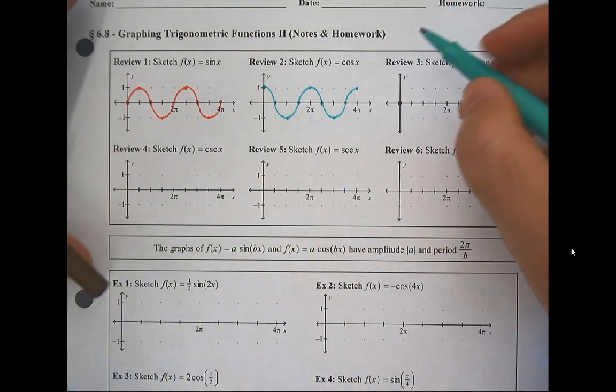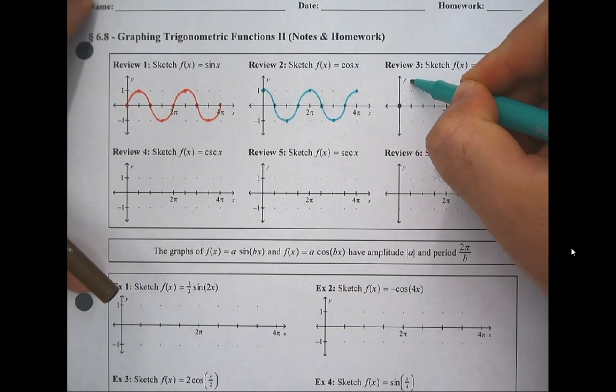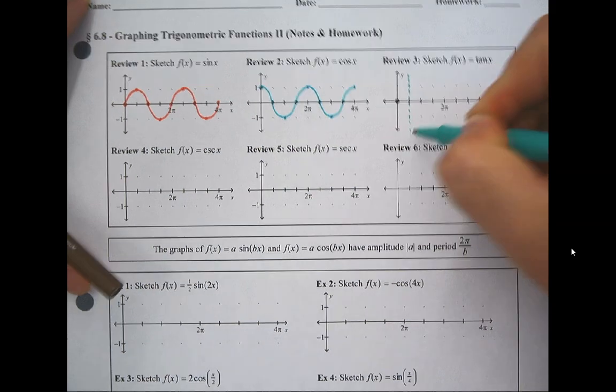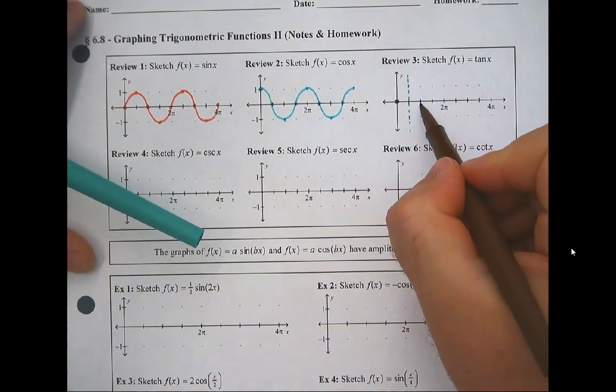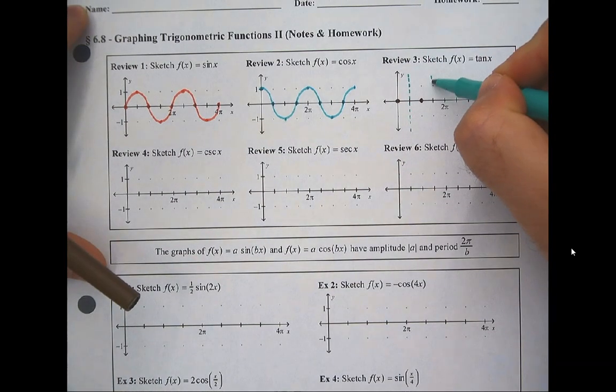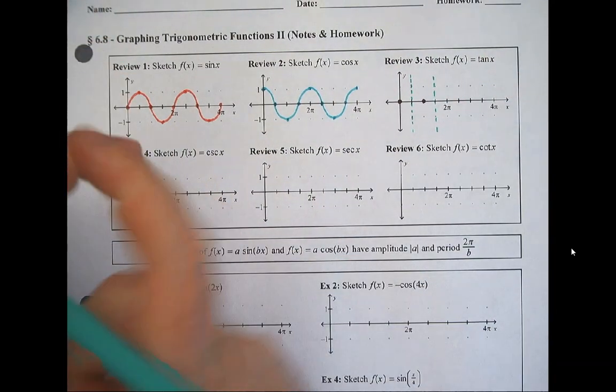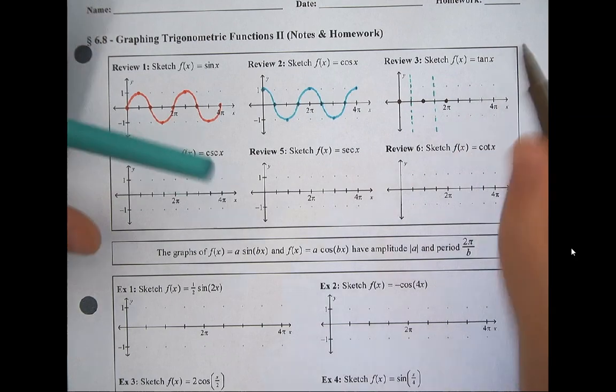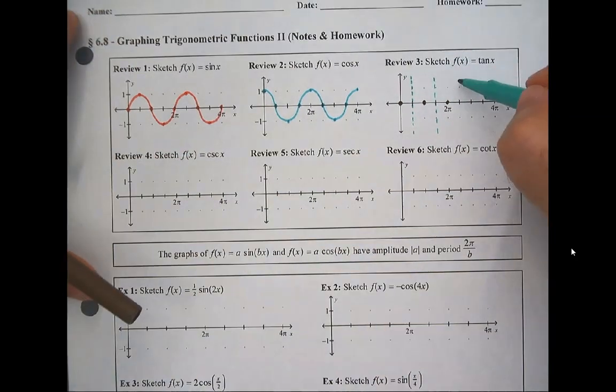Then when I rotate to 90, y divided by x is undefined. And then 0. And then undefined. And then 0. And so forth.